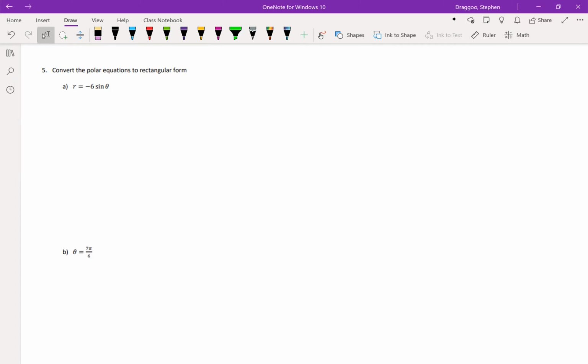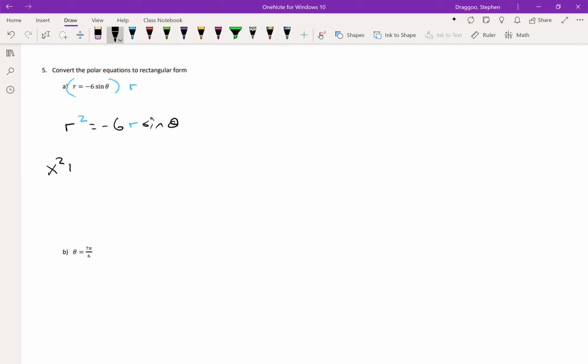So again, multiply both sides of this equation by r to get r squared is equal to negative 6 r sine theta. And now I can convert these pieces directly into rectangular coordinates.